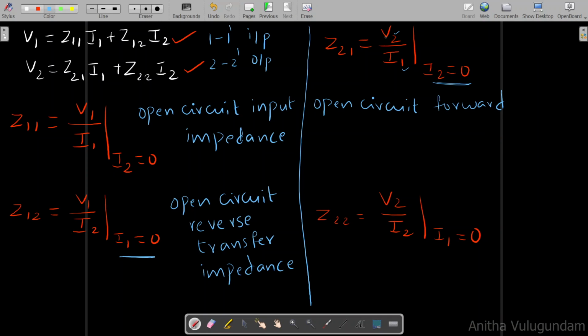Next, look at V by I. As this is the ratio of variables at different ports, we will use the word transfer. V by I is impedance. So Z21 is defined as open circuit forward transfer impedance.